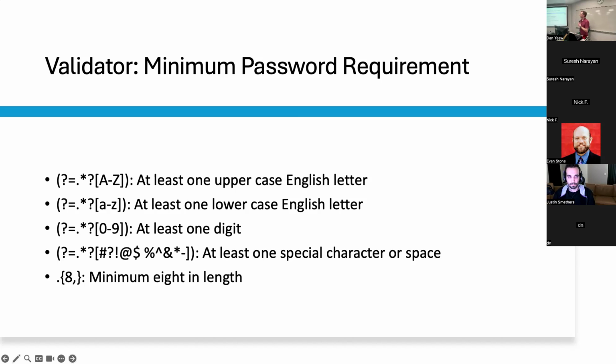It's lazy because if you see 1, you're like, yep, I'm good. Same thing for at least 1 digit. If it finds at least 1, it's going to match. And then at the end, the minimum 8 characters. So you have a dot, which is any character, and then the brackets for 8 is the minimum.